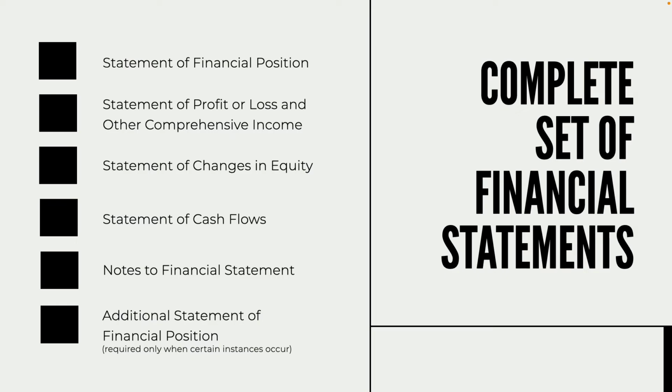Sa notes to financial statement, as I mentioned from the previous discussion, it contains the information about the company. Let's say, sino ba yung mga board of directors, kailan ba na-establish yung company, okay? Other information pa. Kumbaga, important information about the company.